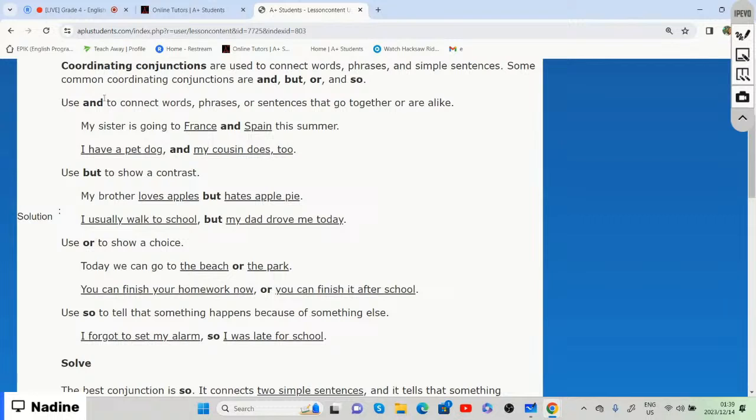Now, my sister is going to France. Okay, not that one. Now we say we use "but" to show a contrast. So we use "but" to show a contrast between the two sentences.